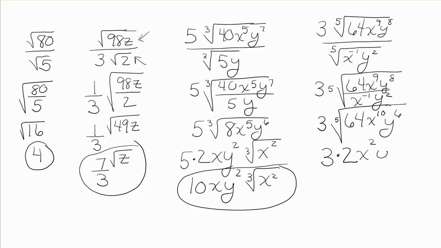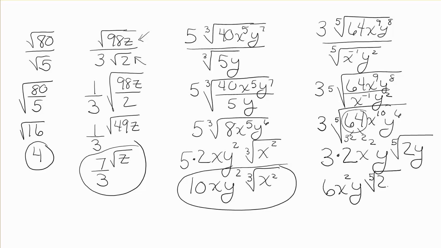We have 1 perfect group. 2 to the 5th was 32, so that's 32 times 2. So we have a 2 left over here, and we have 1 y left over here. So I think we have the radical simplified. Let's multiply our numbers on the outside. 6x squared y times the 5th root of 2y. And that's how you would simplify that.